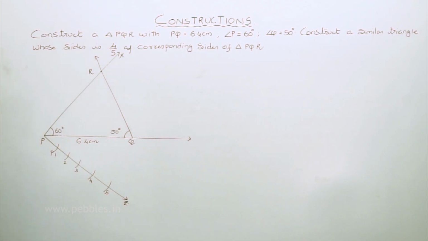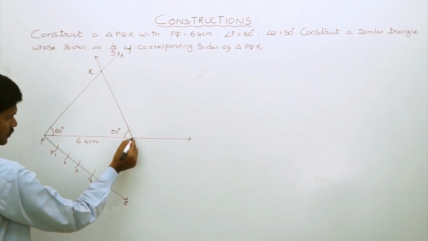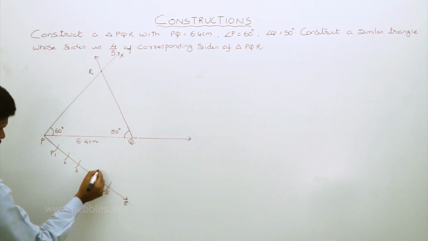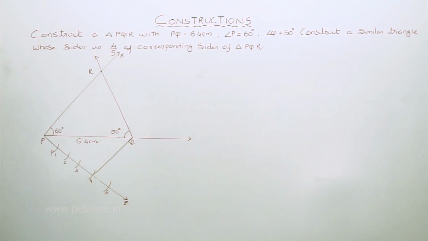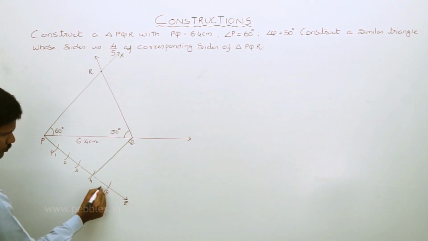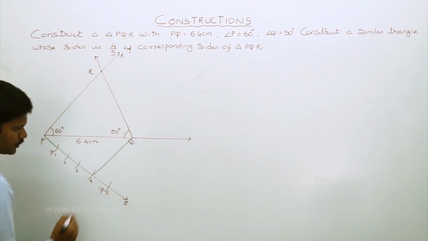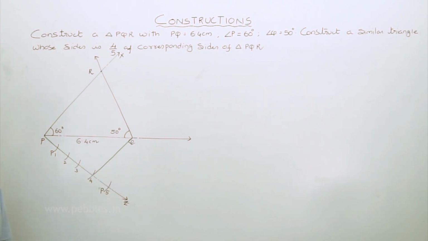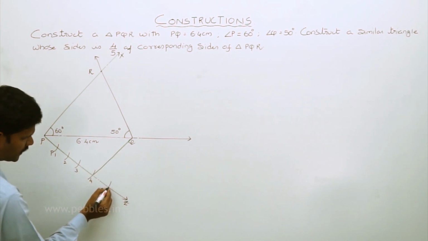The numerator is 4, so join Q to P4. Through P5 draw a parallel line to QP4.